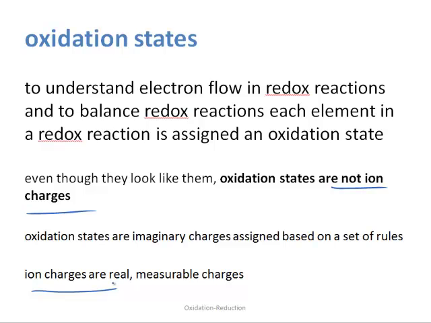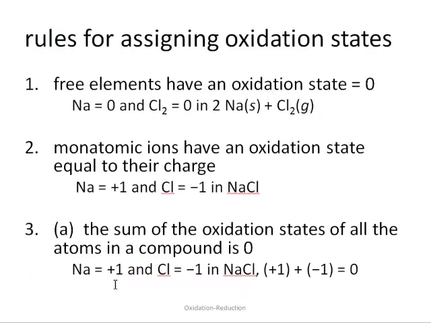So if we can assign oxidation states for a given atom, and we monitor the oxidation state as the reaction occurs, we can determine if the oxidation state has changed, and if it has changed, we know that there's been a transfer of electrons. There are just a few simple rules that determine the atom's oxidation state.